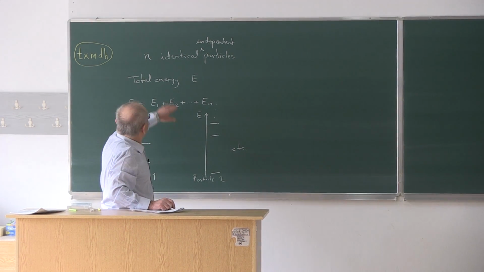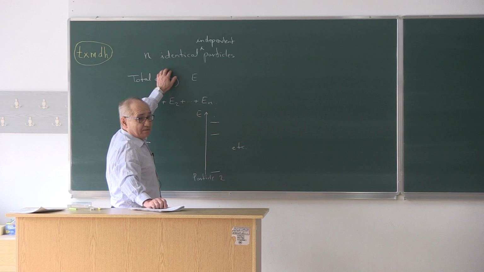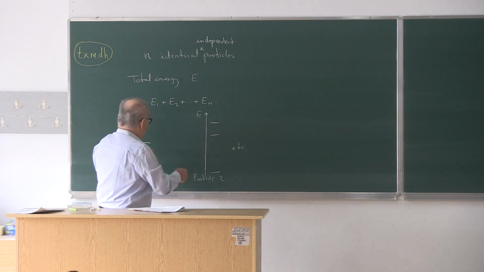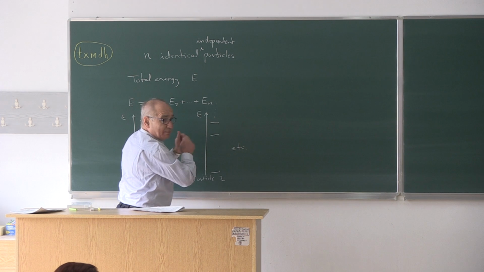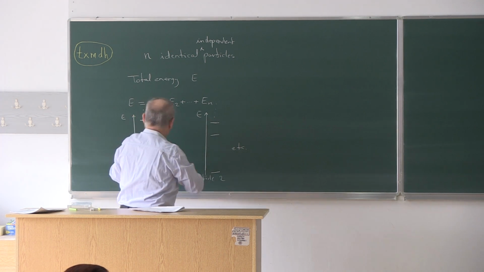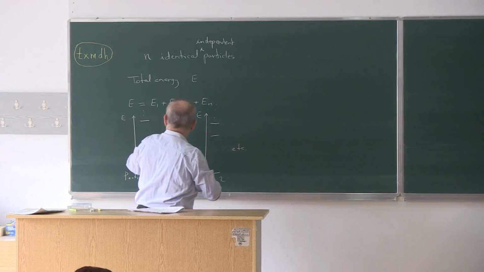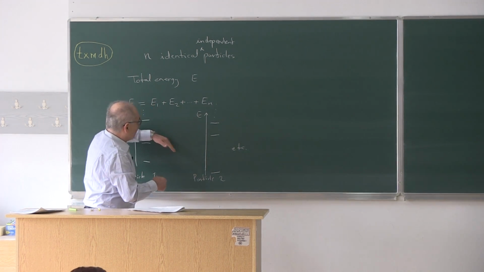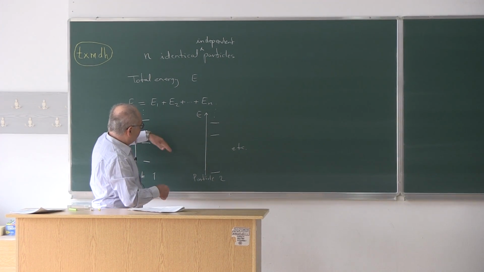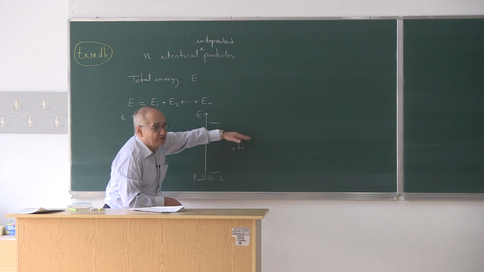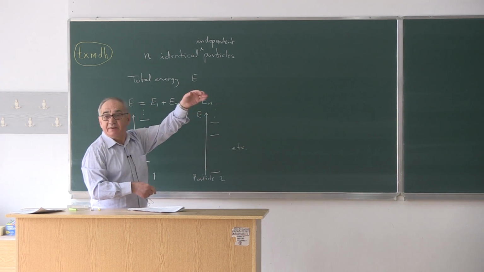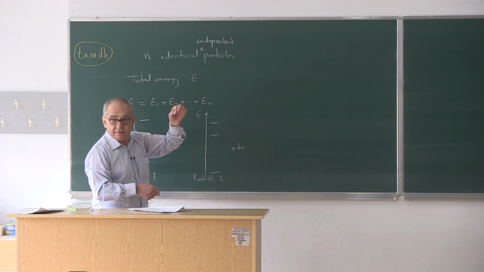Now, when the particles are identical, the allowed energy levels for each particle are the same. Which means we don't have to write n different energy levels like this, because all of them are identical if the particles are identical.